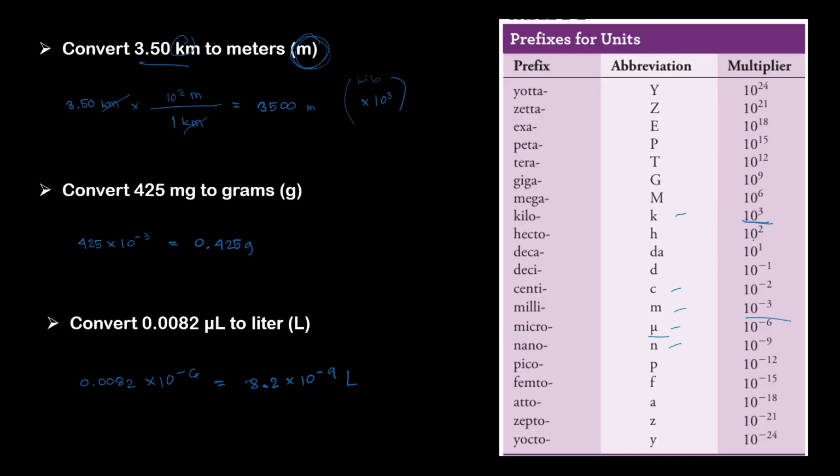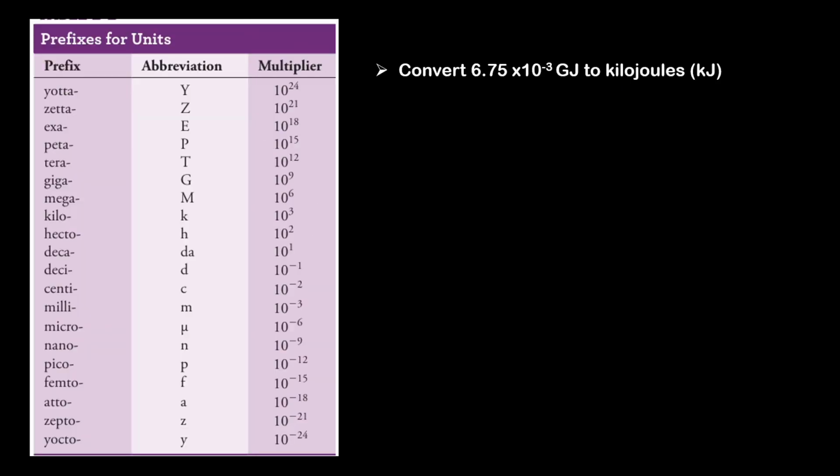So let's try some. For this one, convert 6.75 times 10 to the negative 3 gigajoules to kilojoules. So key here, gigajoules. And how much is gigajoules? 10 to the power of 9. So how do we answer this? First by dimensional analysis.